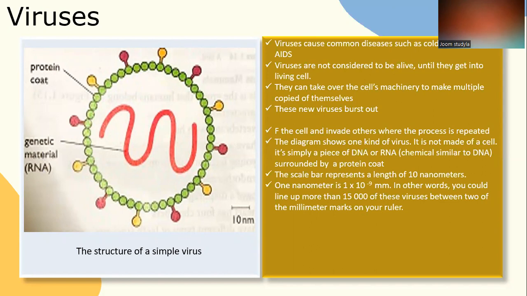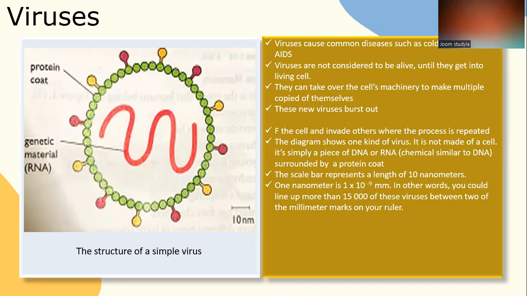Viruses are not considered to be alive until they get into a living cell. They can take over the cell's machinery to make multiple copies of themselves. Okay, these new viruses burst out of the cell and invade others, where the process is repeated.